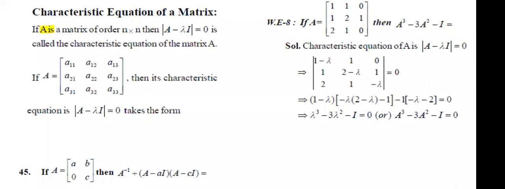If A is a matrix of order n by n, n by n means it is a square matrix.